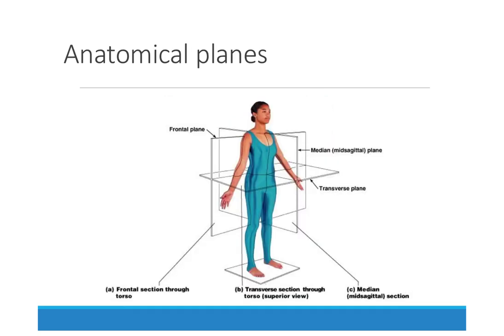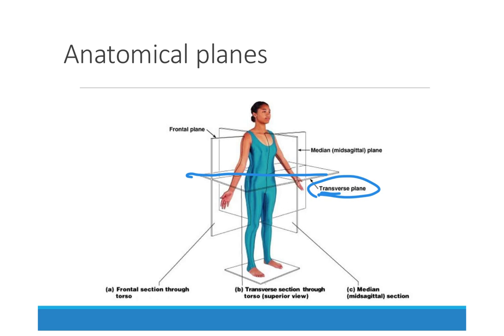Then we also slice the body in various ways. This is especially important when you're looking at images that are generated by CAT scans or X-rays. And so going straight through, a cross-section through the body, is a transverse plane. You see that trans, across prefix there in the word.